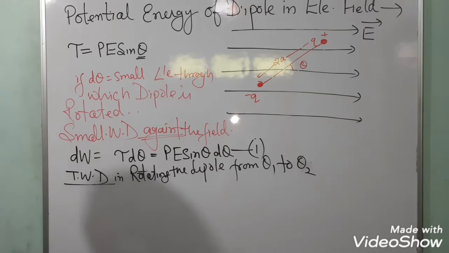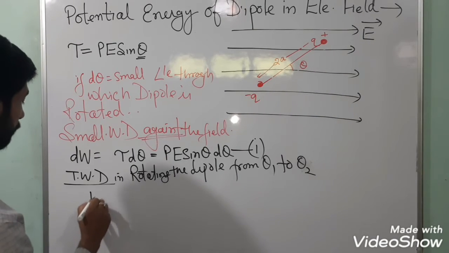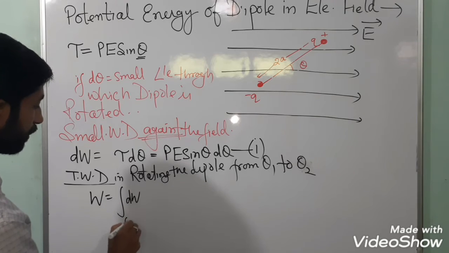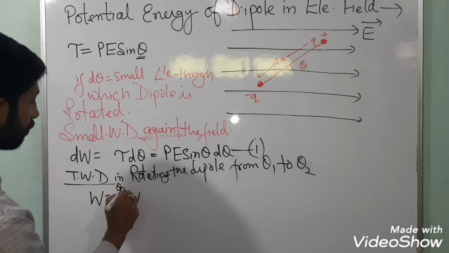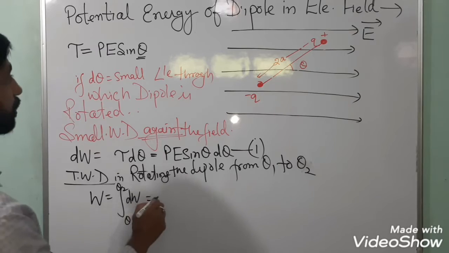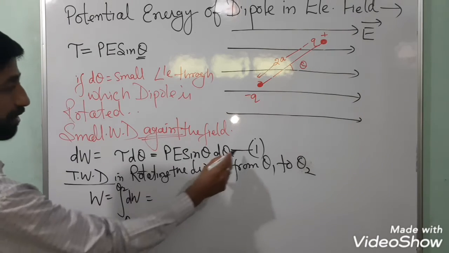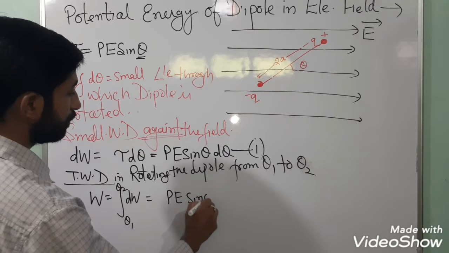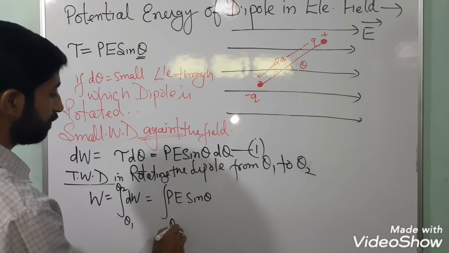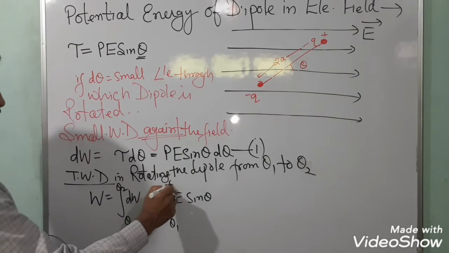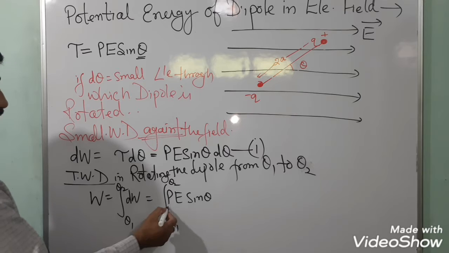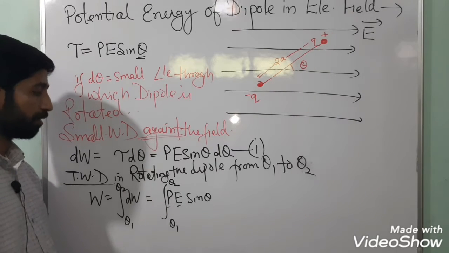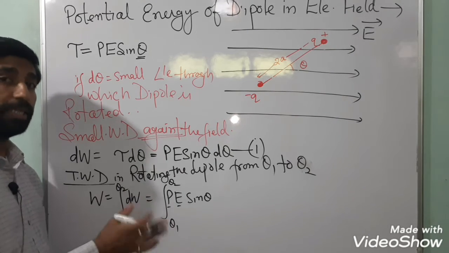So total work done is the integration of that small work, from theta 1 to theta 2. Now place the values from equation 1, that is PE sin theta, integration from theta 1 to theta 2. These two quantities, P and E, are obviously constants, because the dipole moment is fixed and the electric field is fixed.